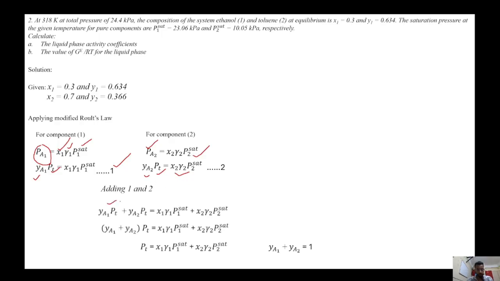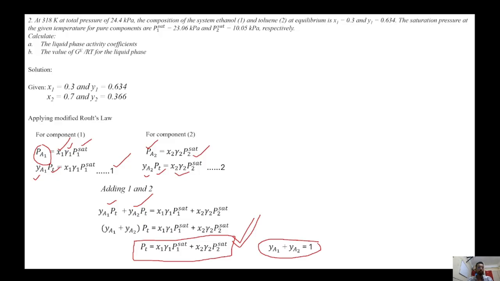I added, and I took PT common. y1 plus y2 will be 1 because the summation of mole fractions is 1. So the final equation will be this. This equation is very important. Just remember this equation, write it somewhere.